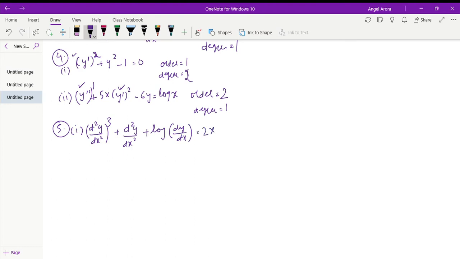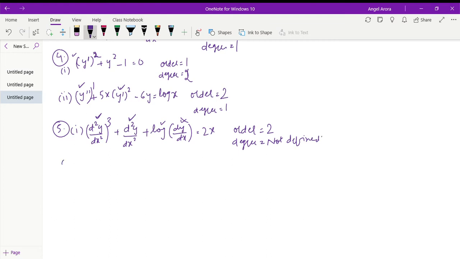So in this question, this is second order derivative, this is also second order derivative, this is first order derivative. So order will be 2 because highest order is of second order derivative. And what will be the degree? This term is in polynomial form, this term also in polynomial form, but this term is not in polynomial form because log function has been given here. So degree is not defined here.